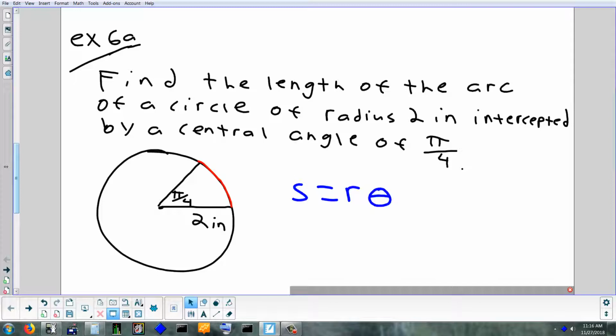S. I don't know S. I'm going to fill in everything else. What's R in this problem? Yep. 2. Okay, I'm not going to worry about the unit right now. I am going to at the very end. But when you're doing the arithmetic, you can leave it just as 2. And then the angle in this case is how much?